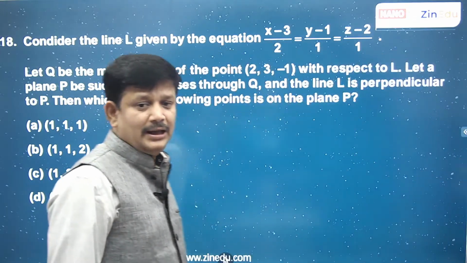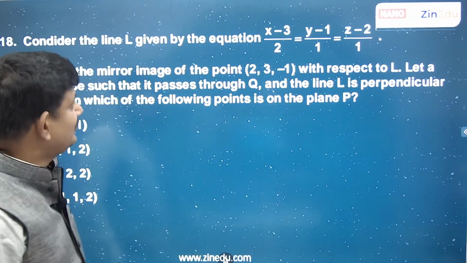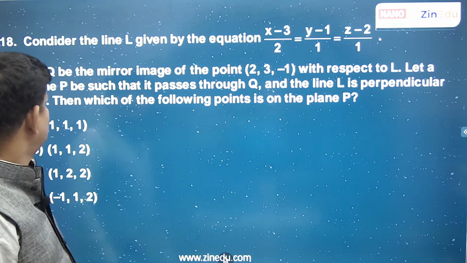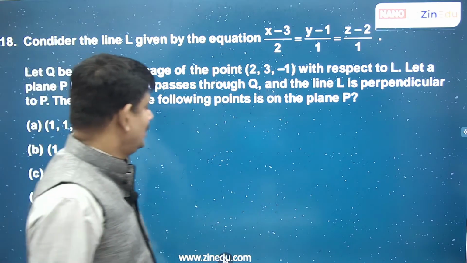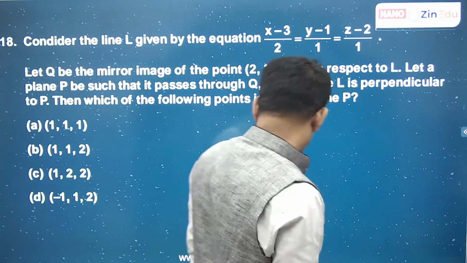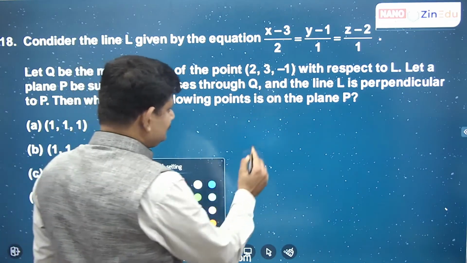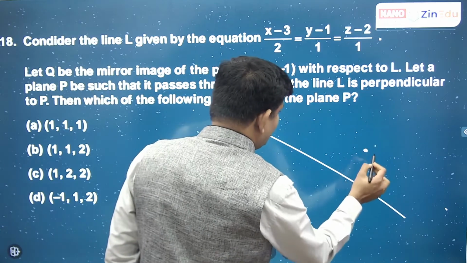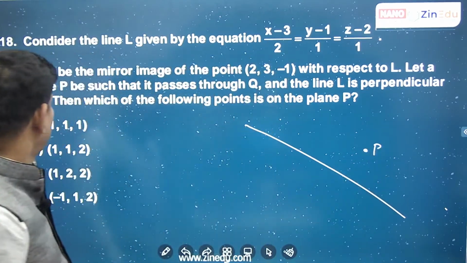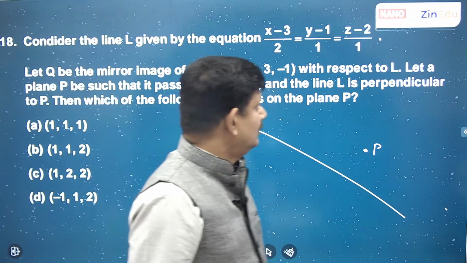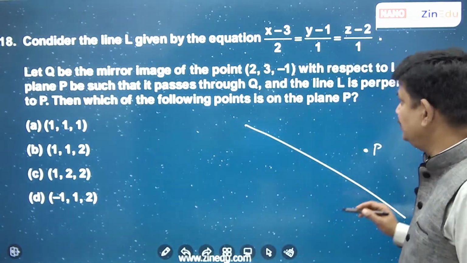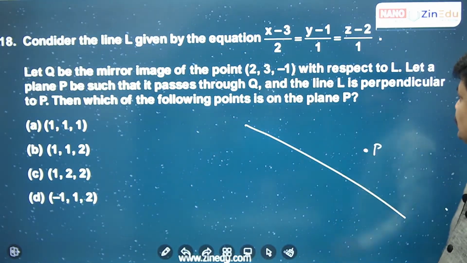Consider L, this line equation. This is again a teaser. He has given you a line and a point. What is this point? 2, 3, minus 1.